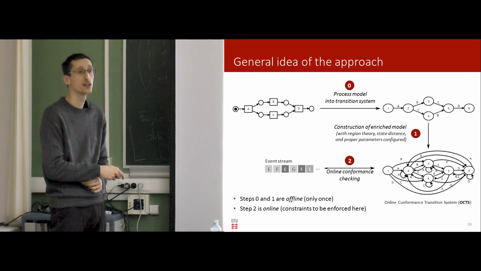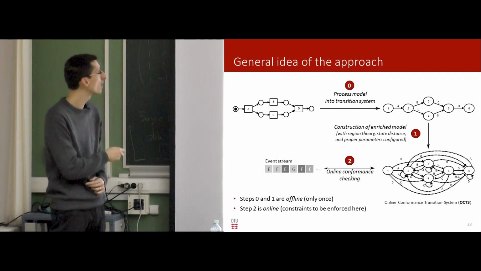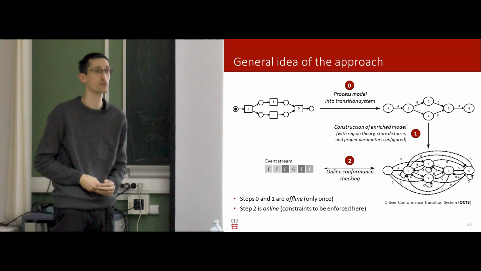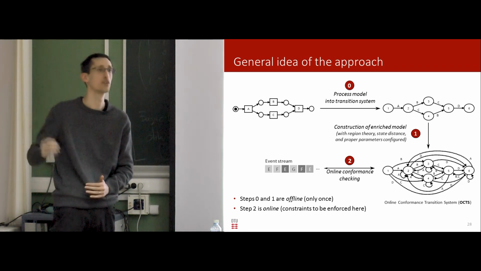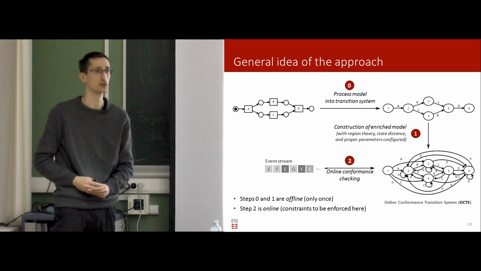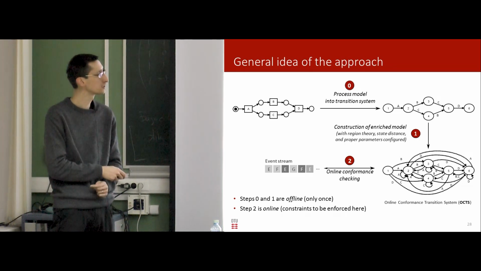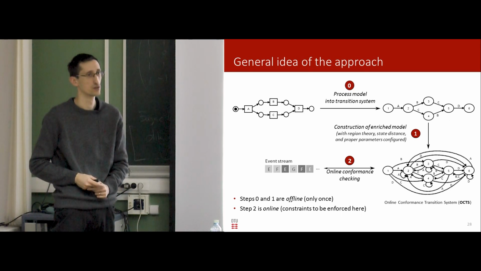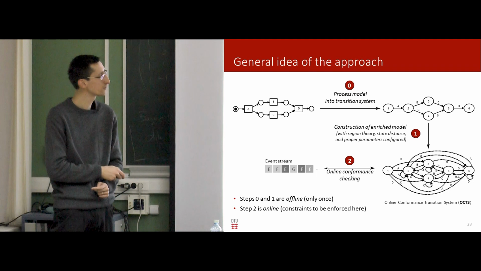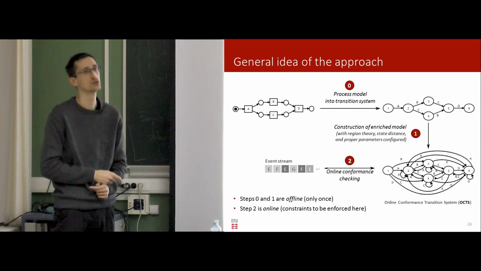The dotted lines represent transitions that are not expected here, but may be possible, although they would imply a deviation from the reference behavior. So here the dotted transitions are going to have cost larger than 0. Solid transitions will have cost equal to 0.